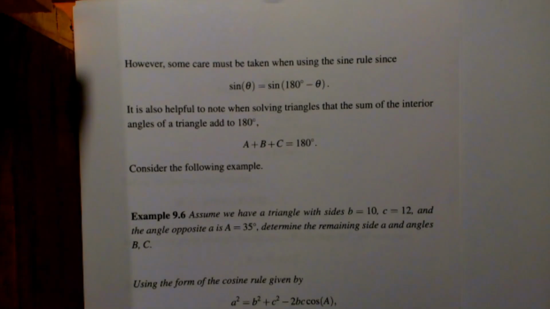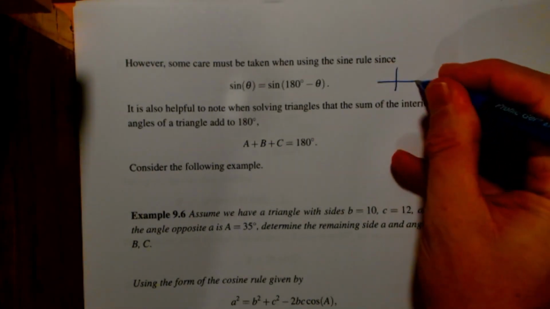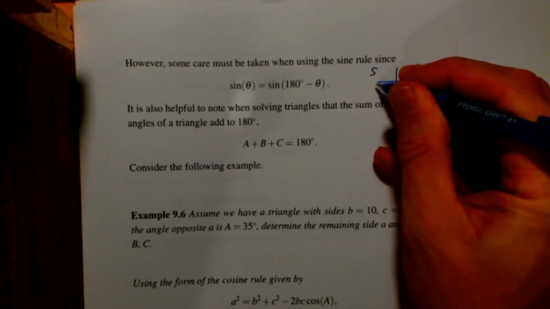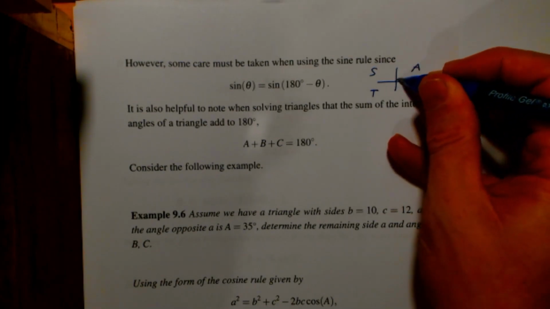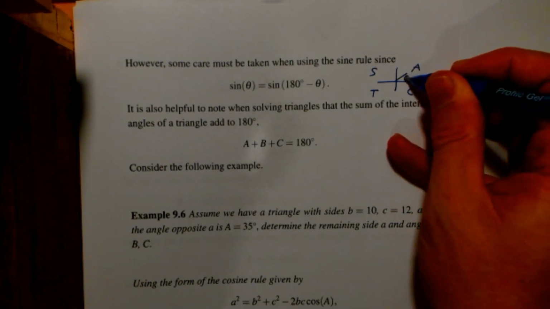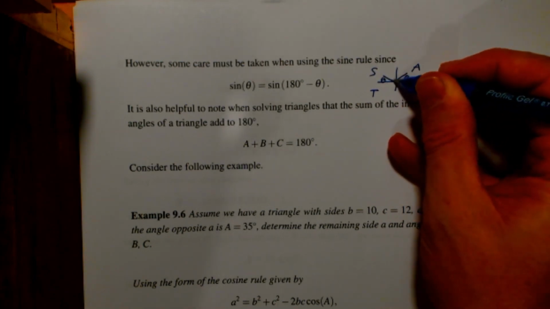Okay, but we need to take a little bit of care because in using the sine rule, sine of theta is the same as sine of 180 minus theta. Alright, so let's draw a little diagram here. So this diagram says that sine is positive here and it's positive here, right?